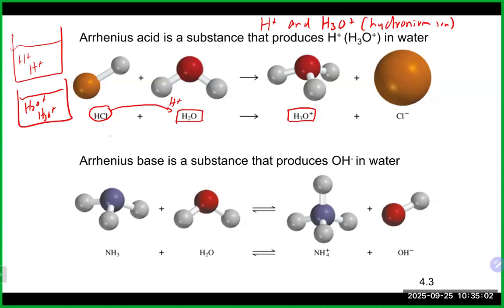You could write the dissociation of this acid by leaving the water out of the equation, and you would just break it apart into its ions, which in this case would be H plus and Cl minus. Both of these equations are equivalent to each other.